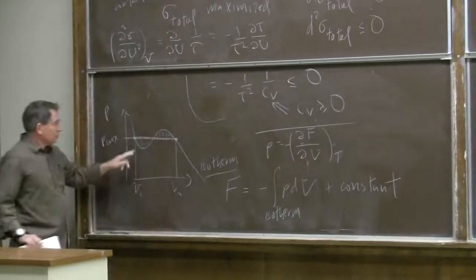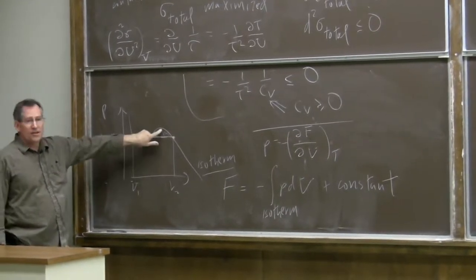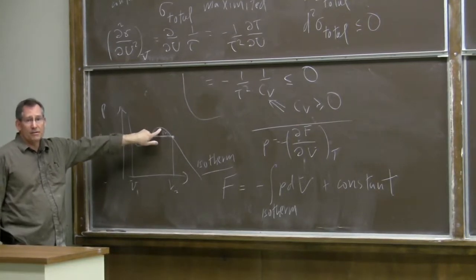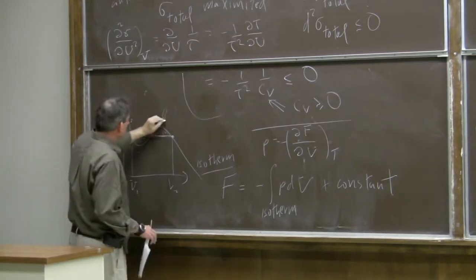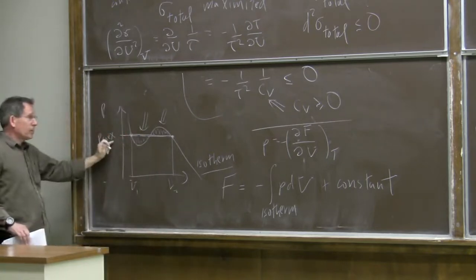But since the areas under the two curves are the same, that means this deficit has to match this surplus of area. So these are equal areas if we choose the horizontal line to be at the pressure where coexistence occurs.